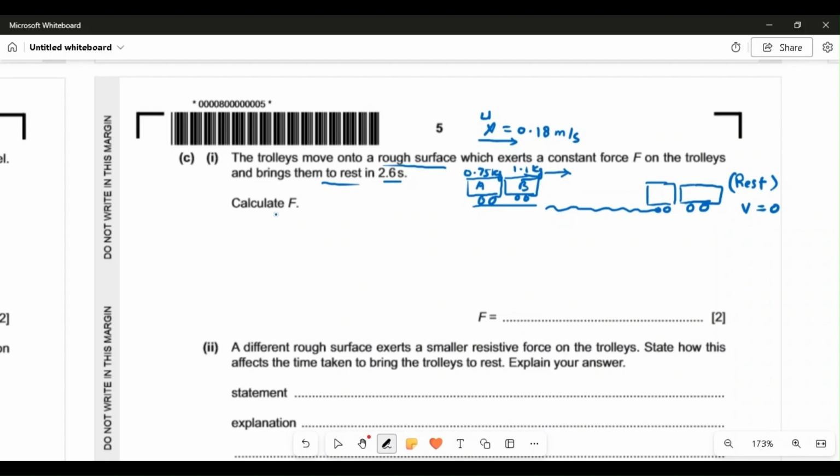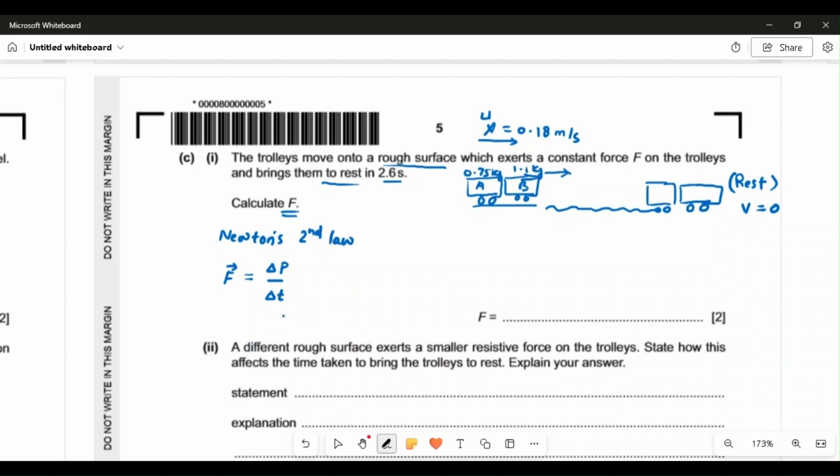Now you are asked to find the force. There is a relationship between force and change in momentum, according to Newton's second law in terms of momentum. Newton's second law says that the force is equal to the rate of change in momentum, delta p over delta t.